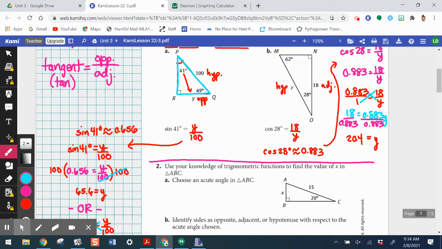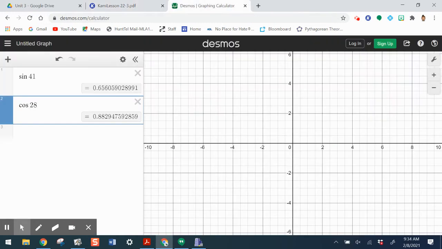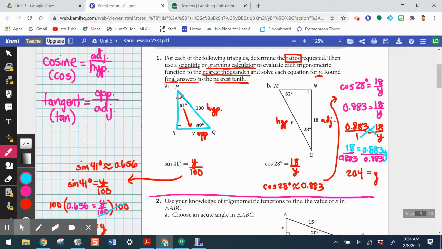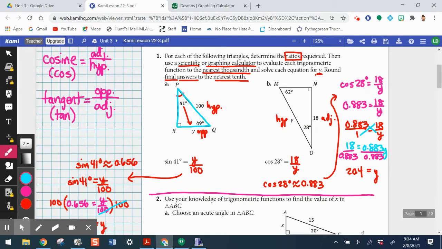So again, I plugged in cosine of 28 degrees in my Desmos graphing calculator, and I found that it's 0.8829, and that 9 actually tells my 2 to round up to a 3. So the decimal approximation for cosine of 28 degrees is 0.883. So I'm going to replace cosine of 28 degrees with that decimal approximation.